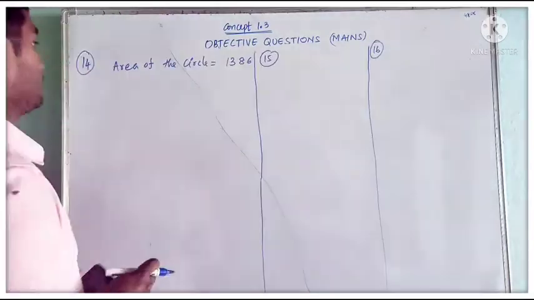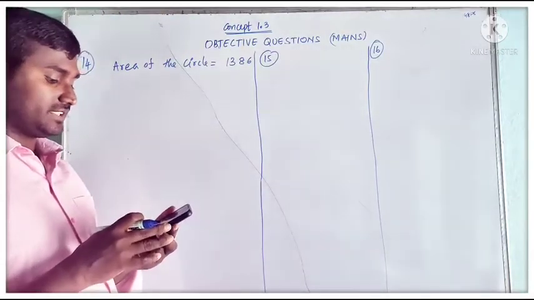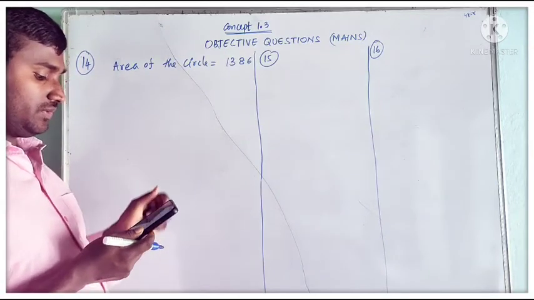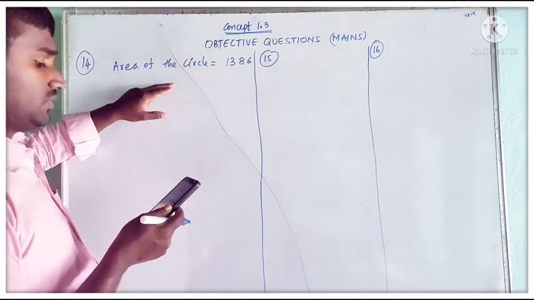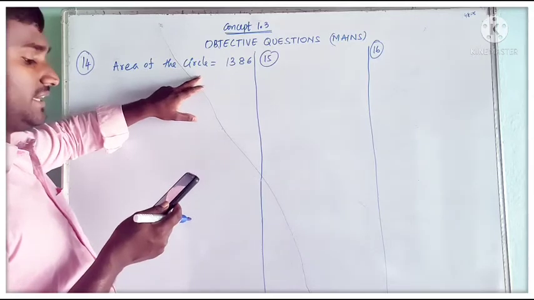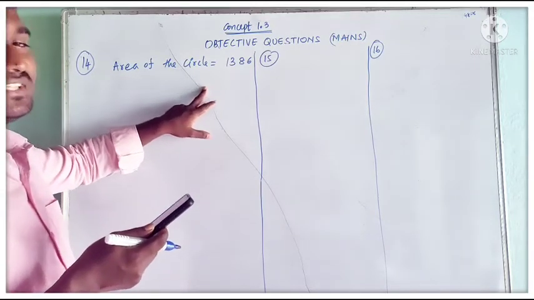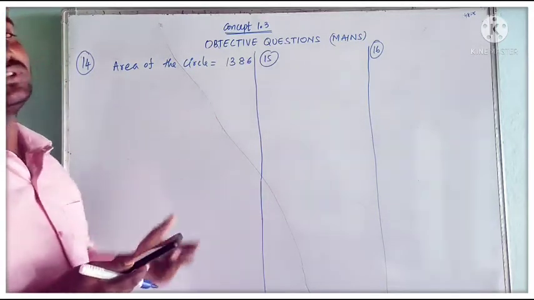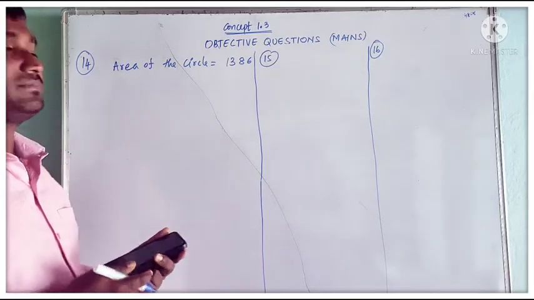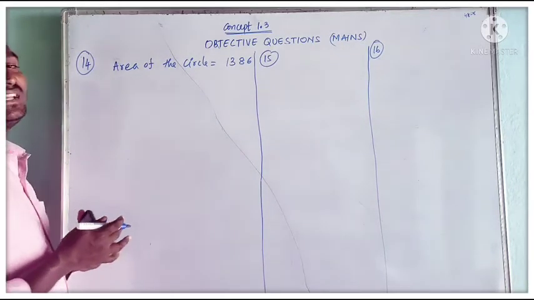Next question. Now I am going to discuss the 14th question. If the area of a circle is equal to 1386 square meters, then find the diameter of the circle. So area is given, we need to find the diameter. What is the area formula?